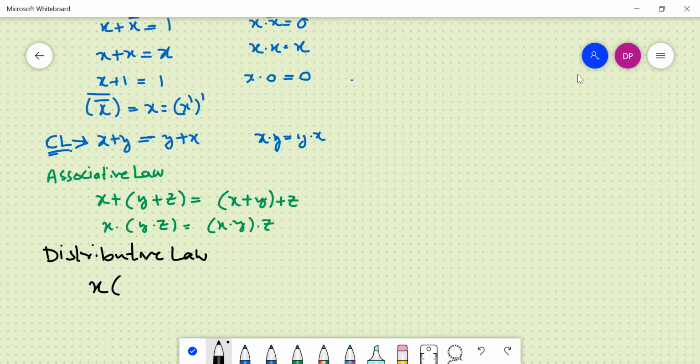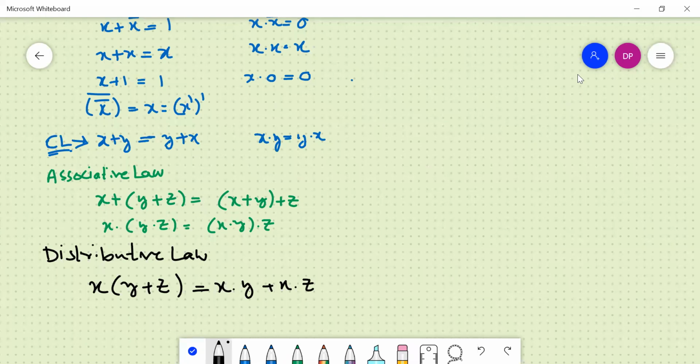X and with Y or with Z, X and Y or Z in brackets, can be written as X and with Y or with X and with Z. This is called distributive law, right?